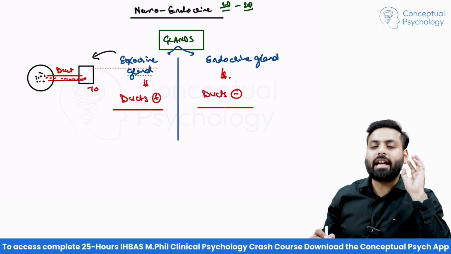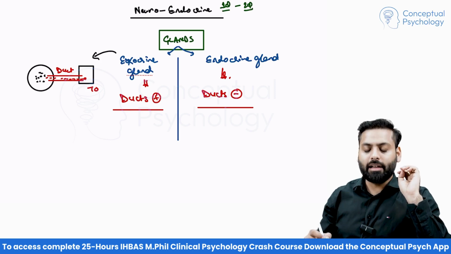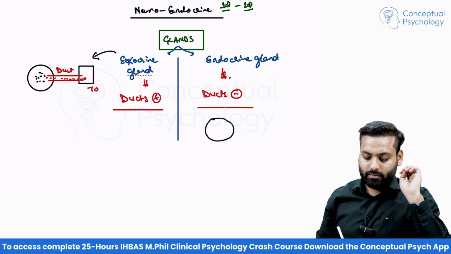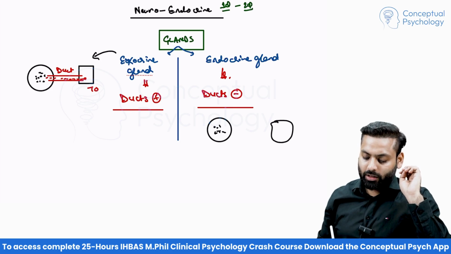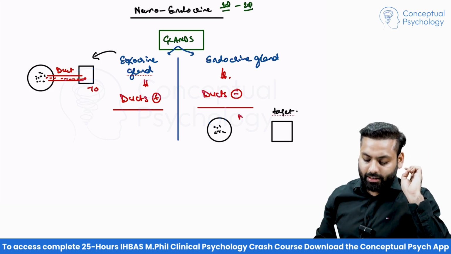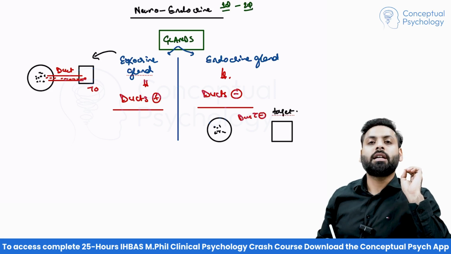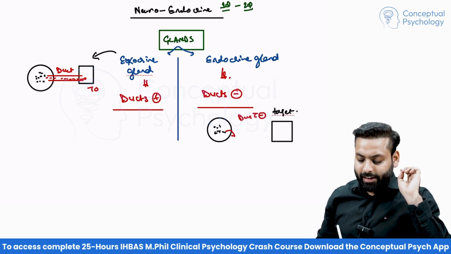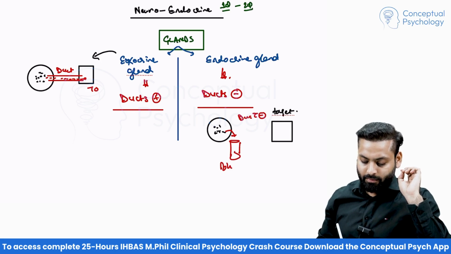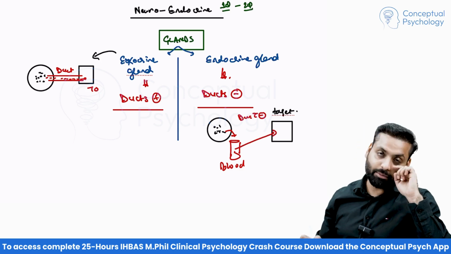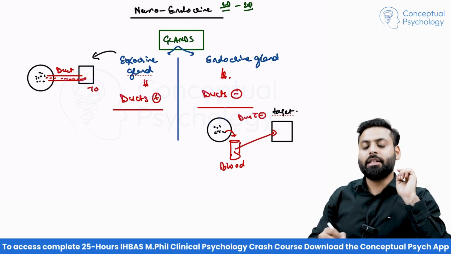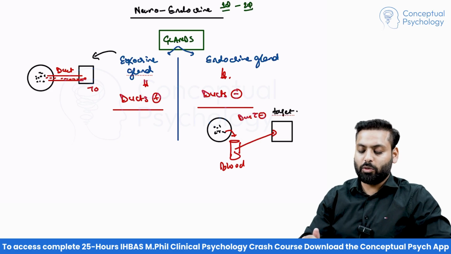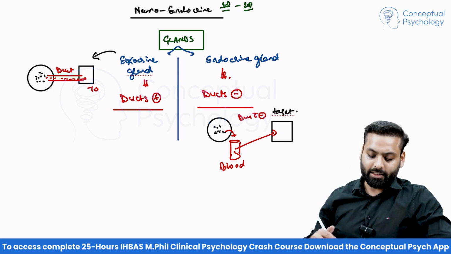Whereas in the endocrine gland, this is the gland, this is the target organ, there is no duct, the duct is absent. So they release their secretions into the blood, and the blood carries them to their target organs. This is the most important and the most basic difference between the glands.